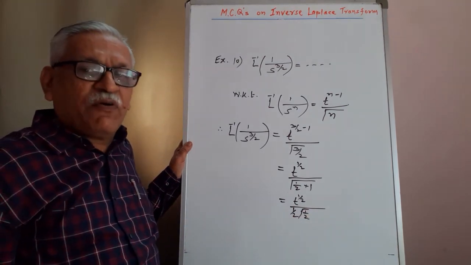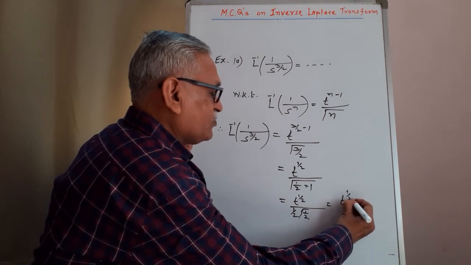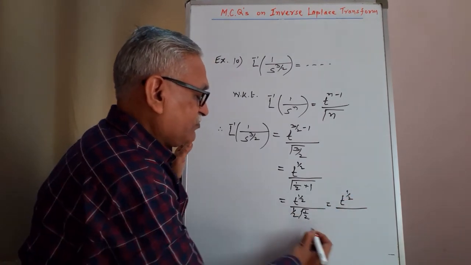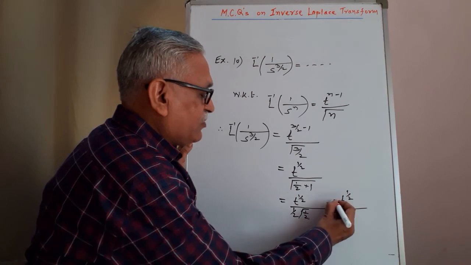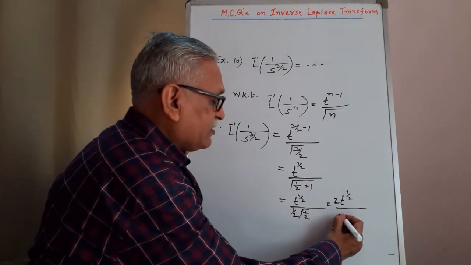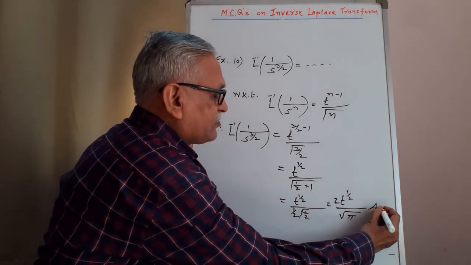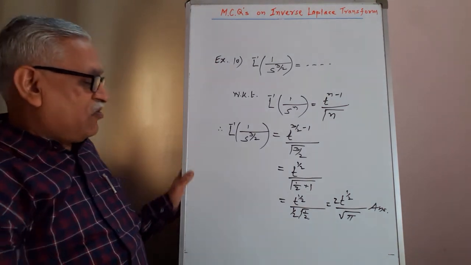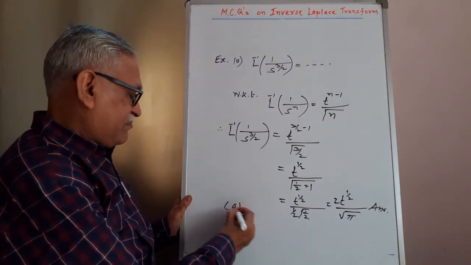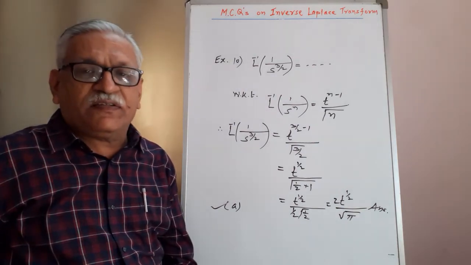We know the value of gamma 1 by 2 is root pi, and therefore it is t raised to 1 by 2 upon 1 by 2, which goes to the numerator, therefore it is 2 t raised to 1 by 2 divided by root pi as the answer. Option A is the correct option.